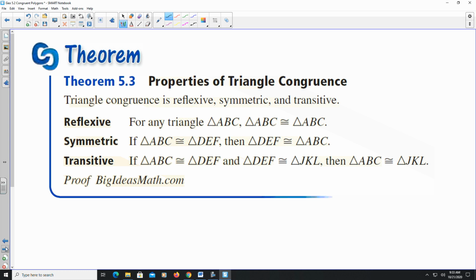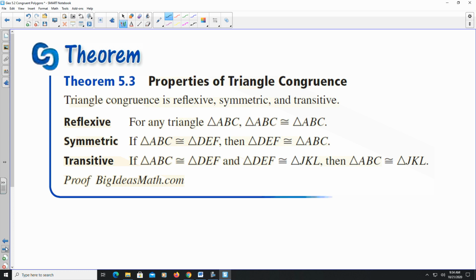Now, there are going to be some triangles that will be congruent, but sometimes they don't give you all the information. So we have to use some theorems and properties to assist us in either validating that a triangle is in fact congruent or proving that a triangle is congruent.